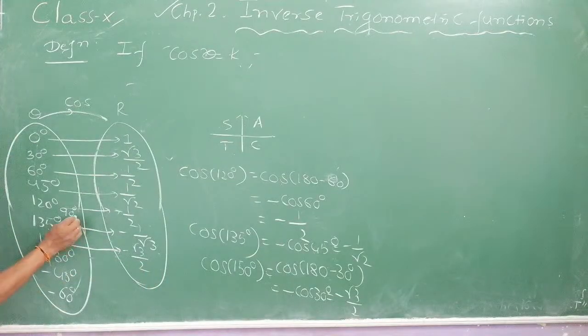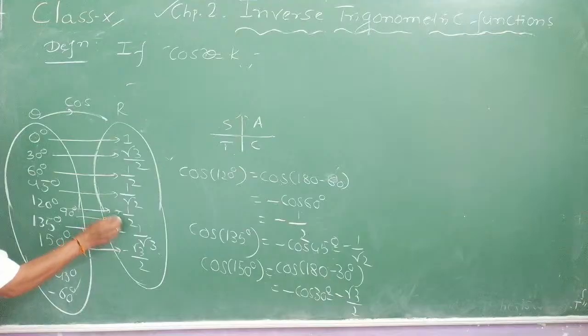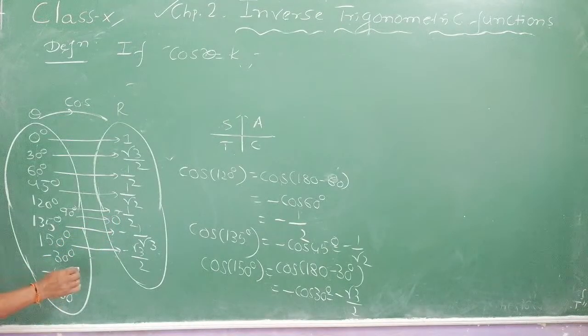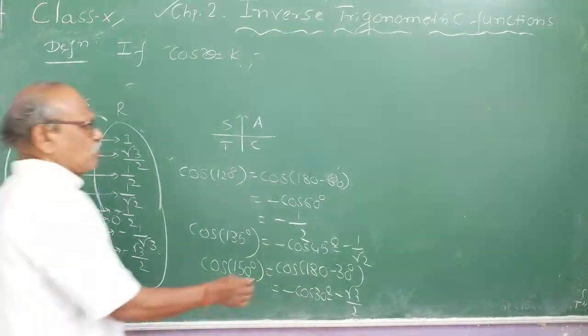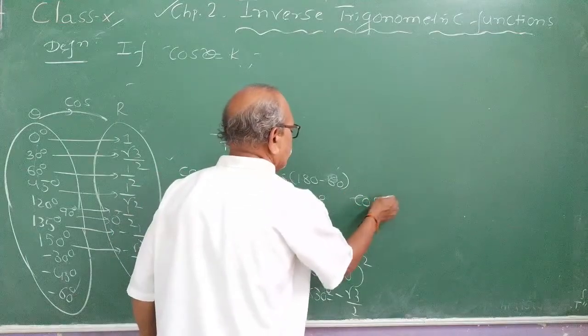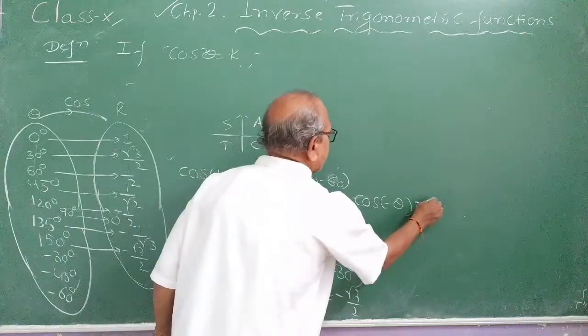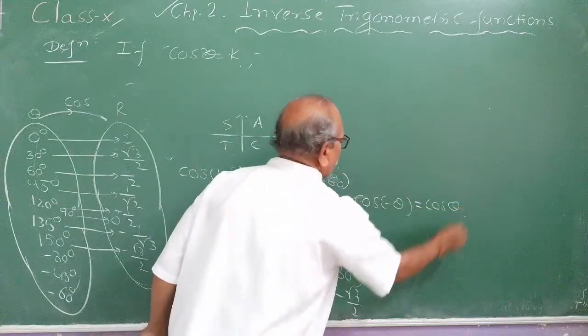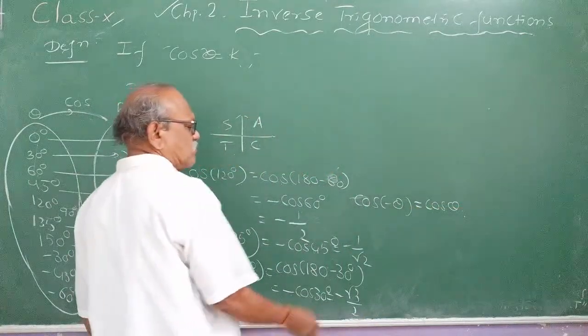Okay. What is cos 90? Cos 90 is 0. Now, what is cos minus 30? Observe, cos of minus theta is cos theta.